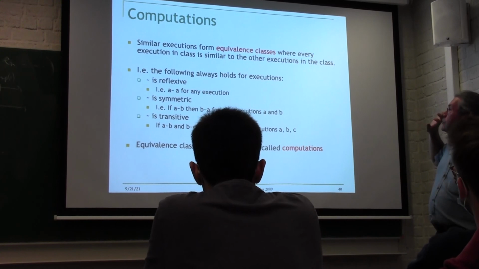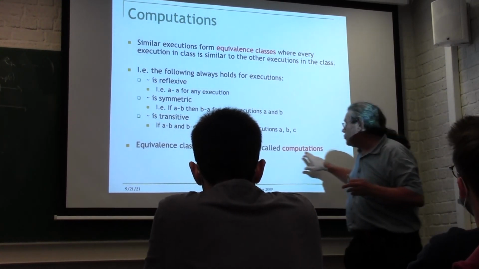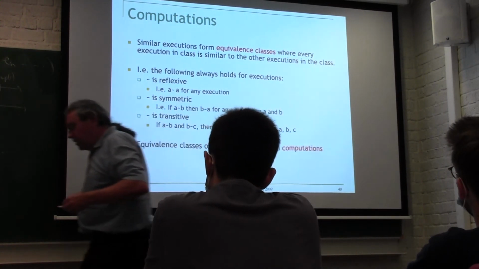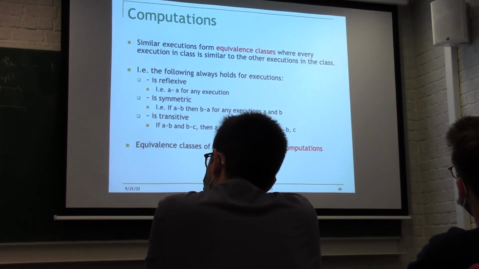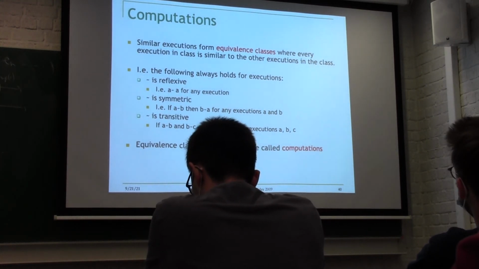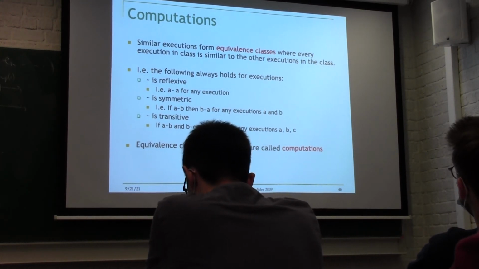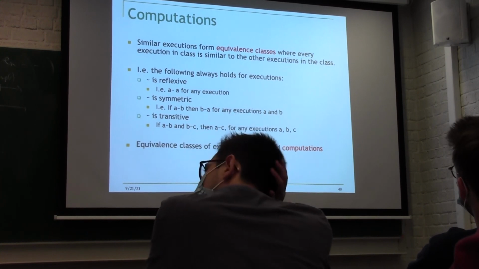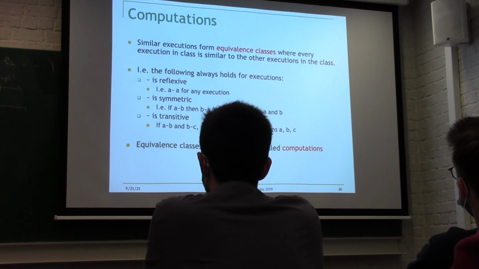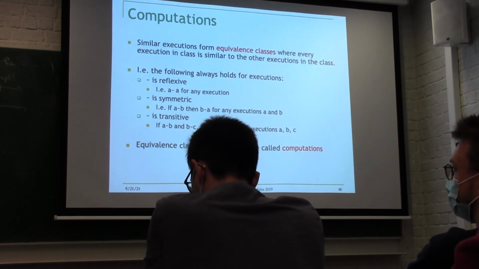An equivalence class of executions is called a computation. And the connection is causality. If you move the message around while you respect causality, you're not changing the result. So the same computation holds. So causality is super important, actually.